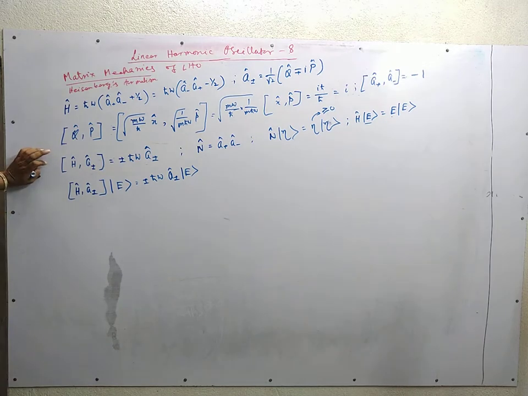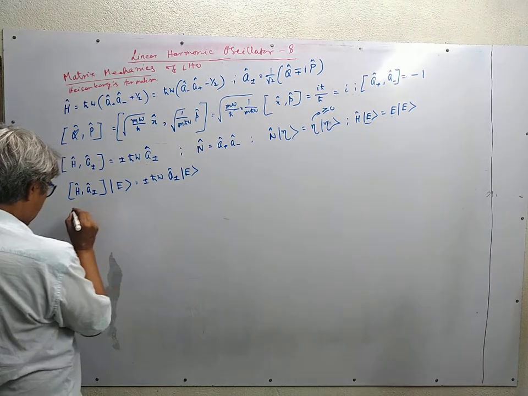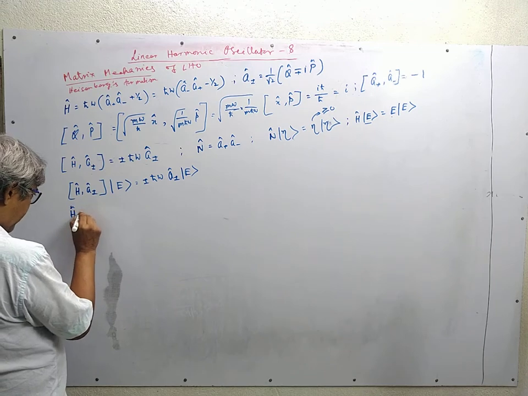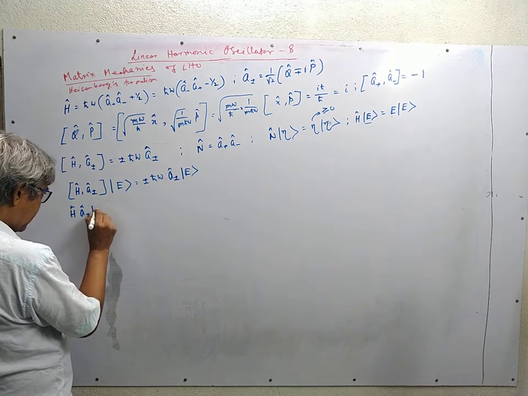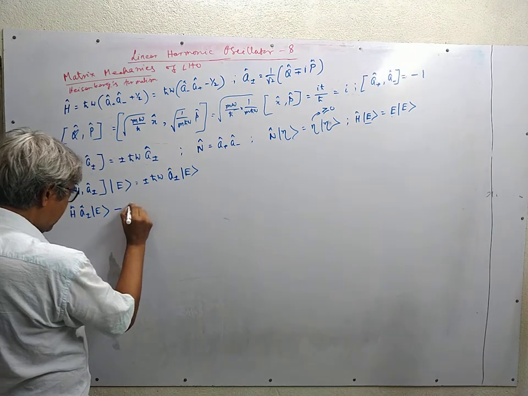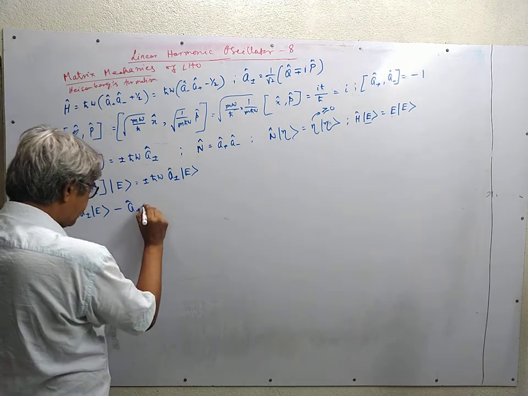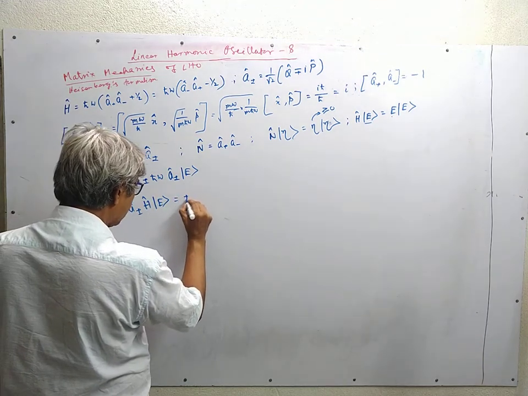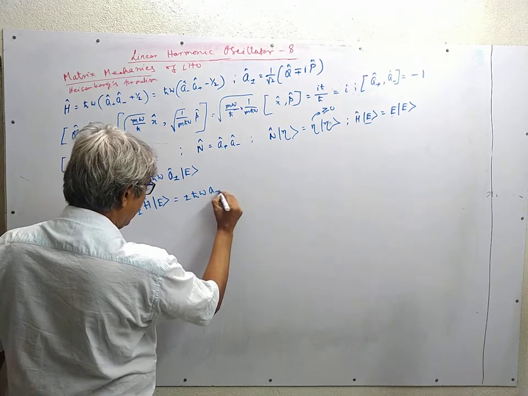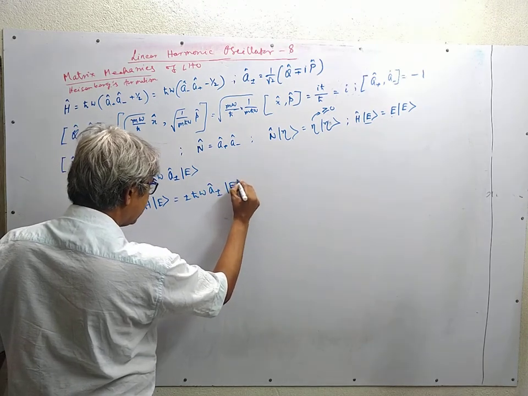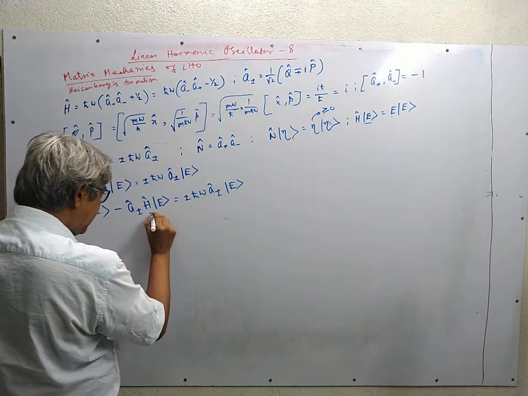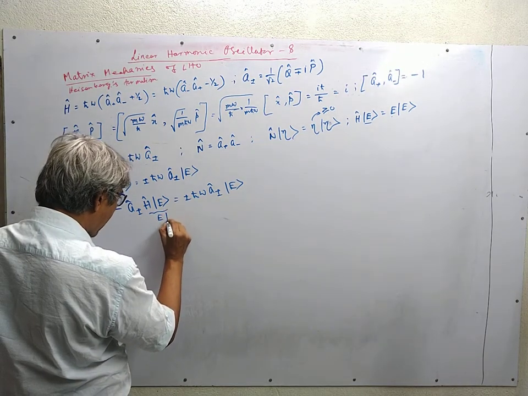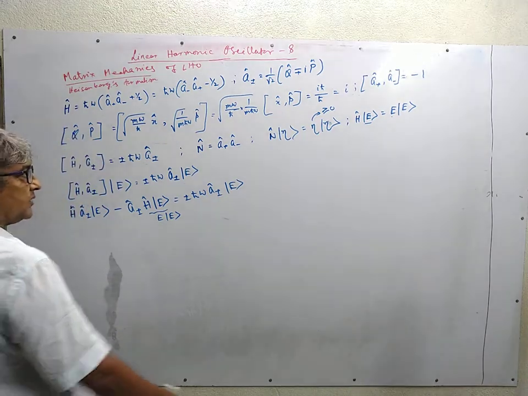So we consider this commutator relation and operate from the right by the eigenket E. What happens? First term H A plus minus E minus A plus minus H E is equal to plus minus h cross omega A plus minus E. We know that H E is E times the ket as per this equation.